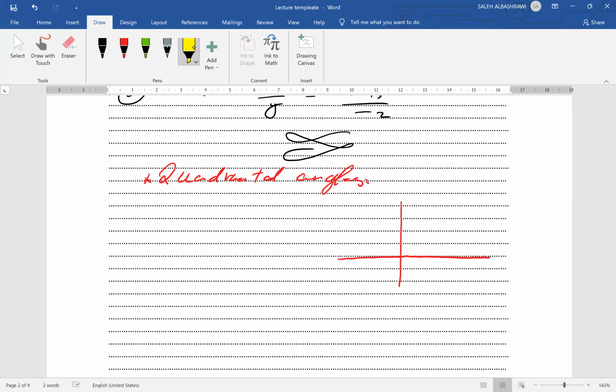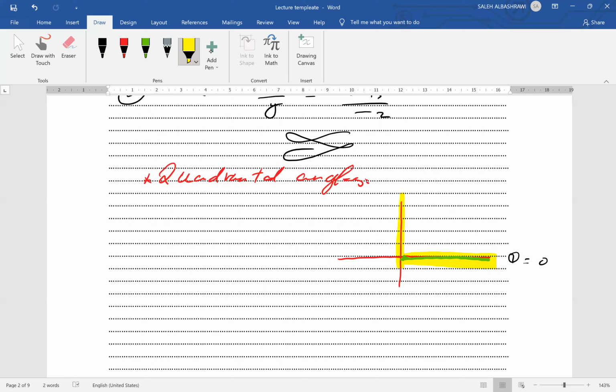So if you think about the xy plane, we are thinking about the terminal side. Suppose that this is the initial side, which is on the positive x-axis. Now the terminal side can be on the positive x-axis. This will give me theta equal to 0. Or it can be on the y-axis.